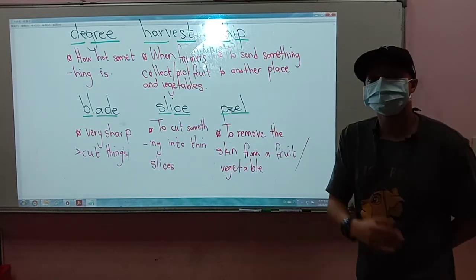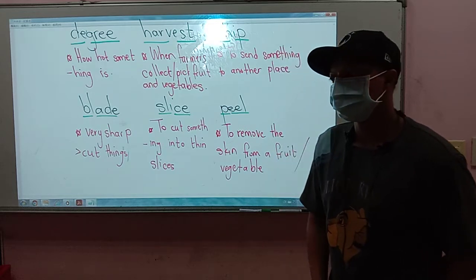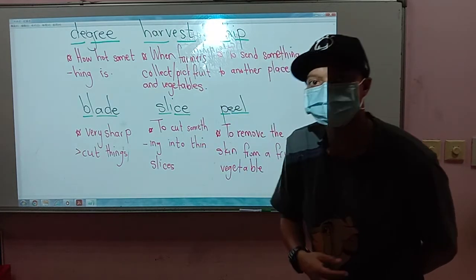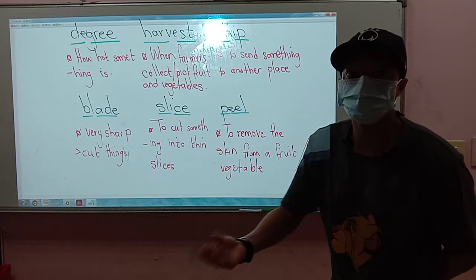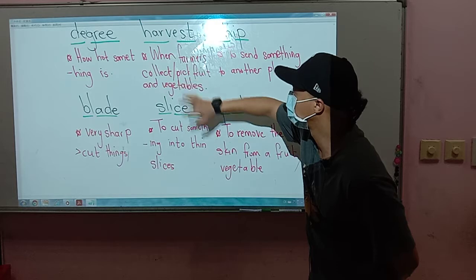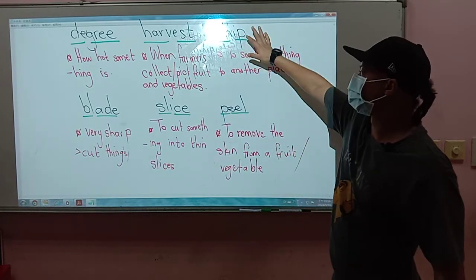Harvest: think of something that you would really like to harvest from a farm. What fruit, what vegetable would you really like to have? Next, ship.